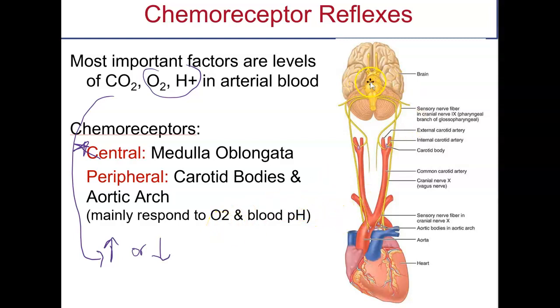And then they send information up to the medulla oblongata, just like we already learned. So remember, if you look at the carotid bodies, they're sending their information up through cranial nerve 9, right, glossopharyngeal, and the aortic arch is sending it up through the vagus nerve. So they still use the same nerves, by the way, for those peripheral.